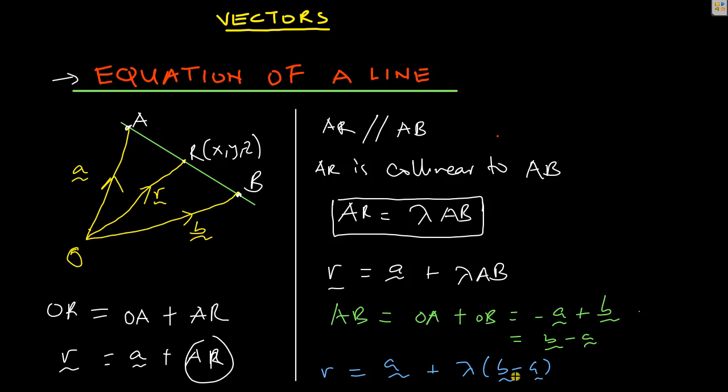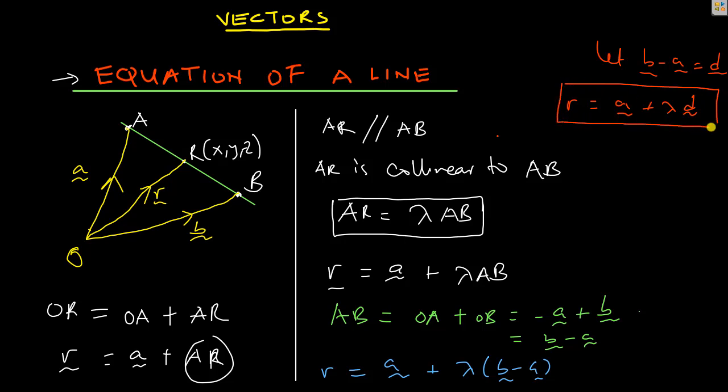So this is our equation of the line, and you could sometimes find in textbooks that b minus a is set equal to something like d. So I just write this as r equals a plus lambda d. Now this equation is very important. It shows us the most important components in finding the equation of a line.